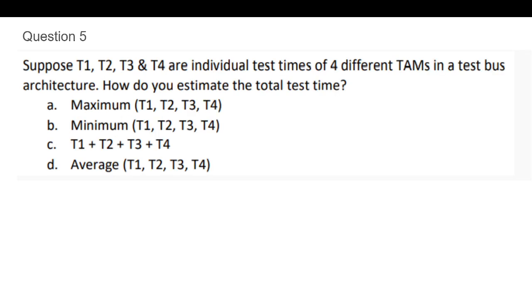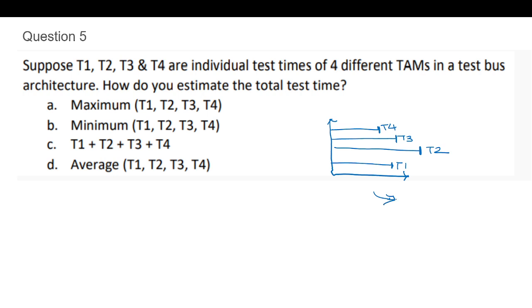Next question, suppose T1, T2, T3 and T4 are the individual test times of 4 different cores in a test bus. Say this is the test bus. So the first core is having T1, the next core having T2, T3, T4. Now in the test bus architecture, how do you estimate the total test time? So for this architecture, what will be the test time?